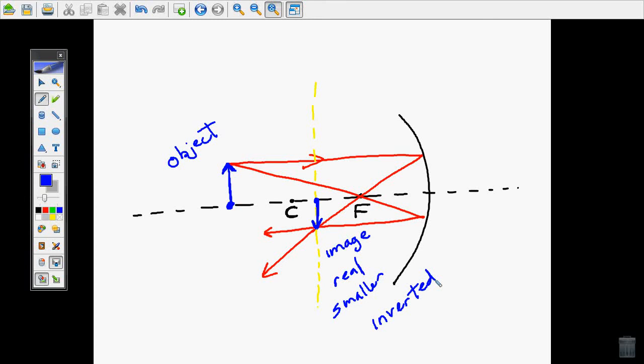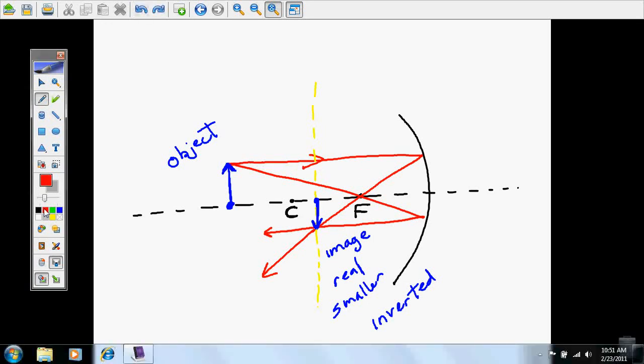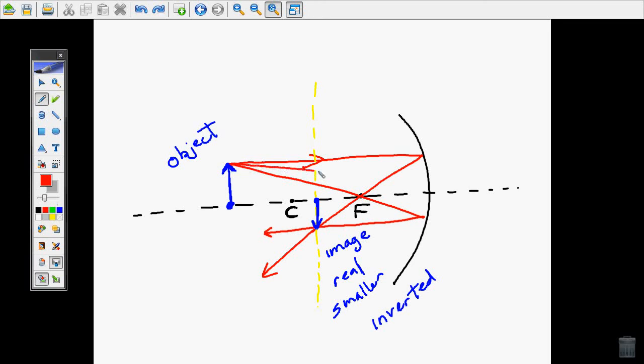But here's the interesting thing. All of the light rays coming from the object's head that hit the mirror, guess where they will all go through? Say another light ray coming from that object's head. Of course, I'd have to measure the law of reflection.